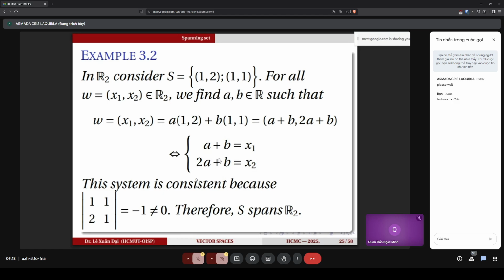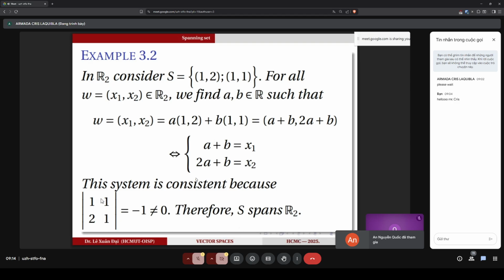So what we are going to do is just get the constants here, class, at the left side, and then get its determinant. If the determinant is not equal to 0, your S will span R2.